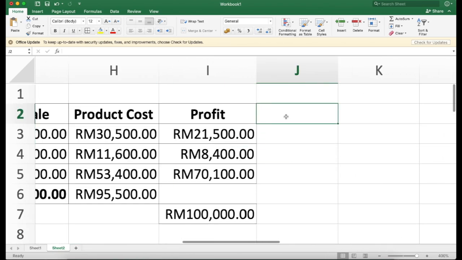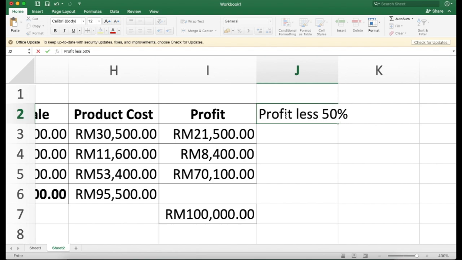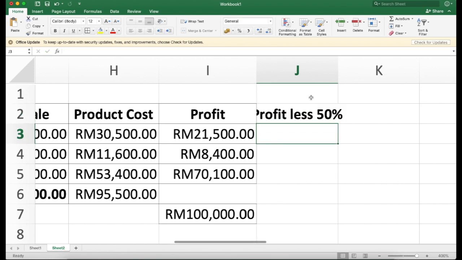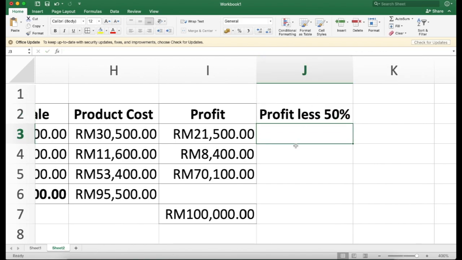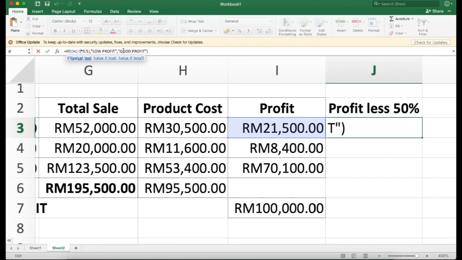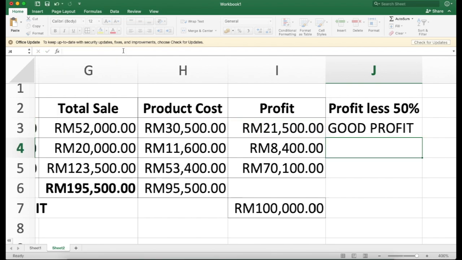So profit 50%. So we need to create... daripada mana profit ni? Daripada cost lah. Page ni sepatutnya. Page 3. Daripada sini. So profit ni daripada sini.